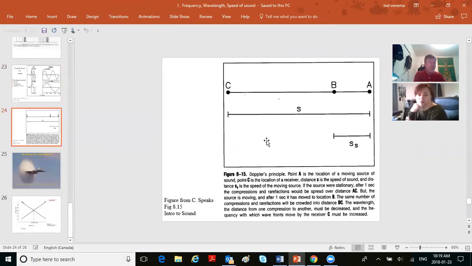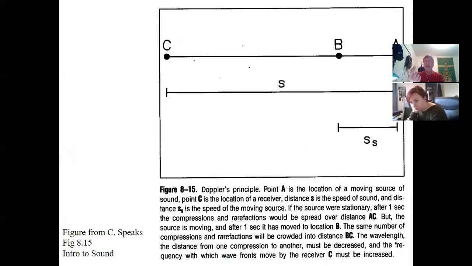How come when you're hearing an ambulance racing toward you, the pitch sounds different? When an object is coming toward you, the pitch gets higher, and when the object goes away from you, the pitch gets lower. Go to the Indianapolis racetrack.